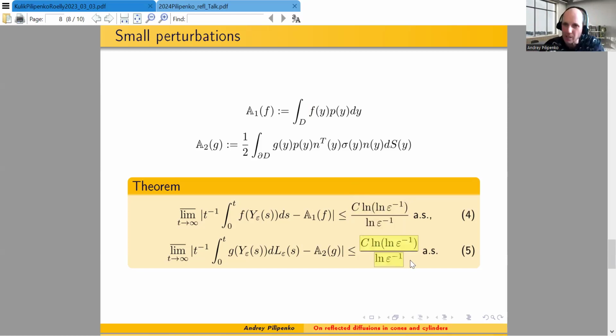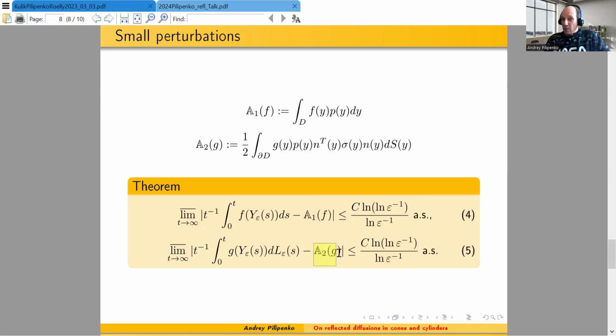So C is non-random. So if epsilon is small enough, then you have the following relations, where A1 of f and A2 of g are the same as in the previous theorem.